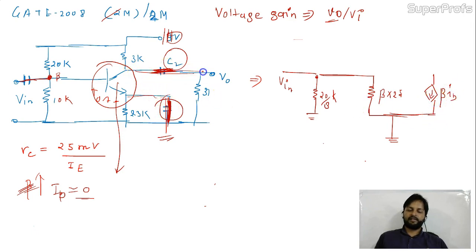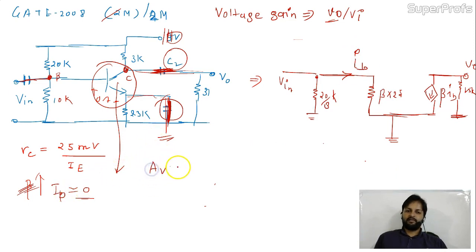The collector itself has two resistances. One is from point C to ground 3K, and one is point C to ground 3K. So you can resolve them and it will be 1.5K. And here you have to calculate your V0. Okay. Now this is your IB, friends.